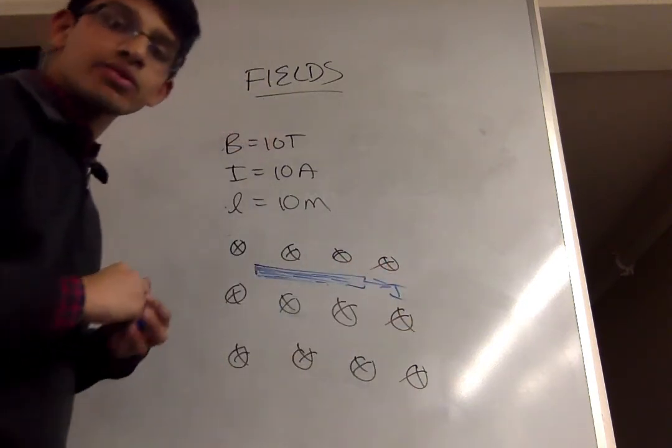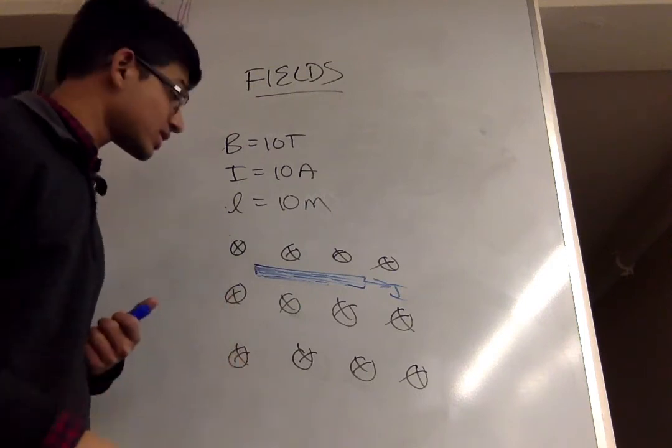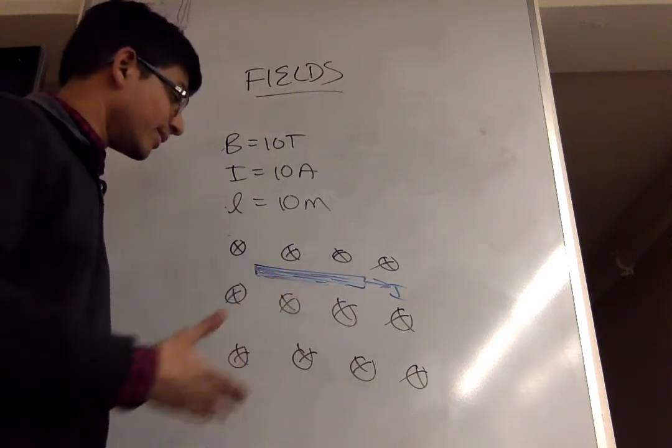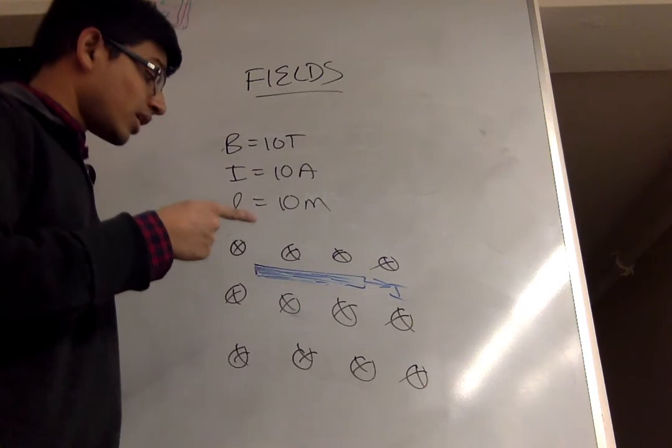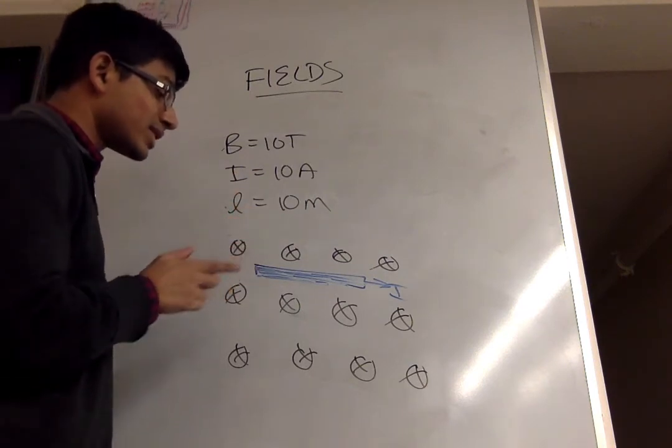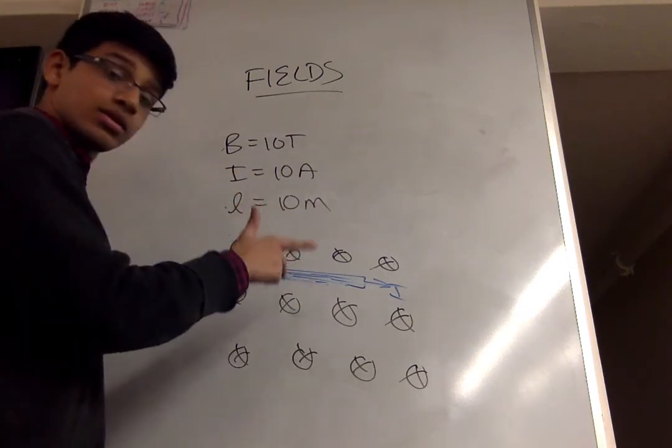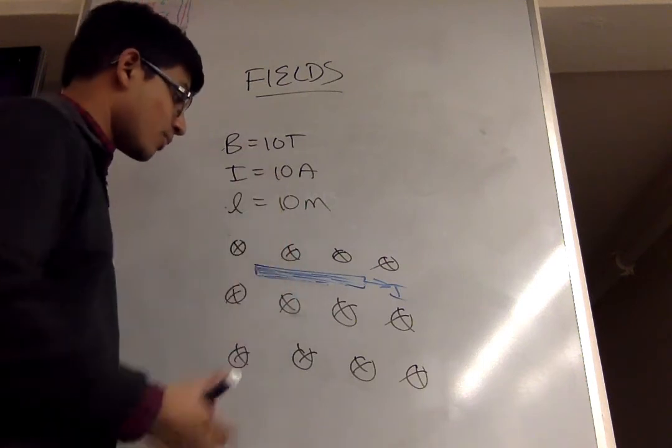Let's use our right-hand rule to find the direction of the force exerted on this wire. Again, we have the length going in this direction and the B field going into the page, so the force would be upward.